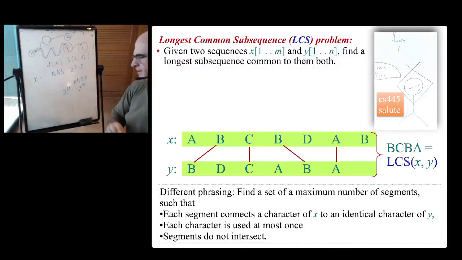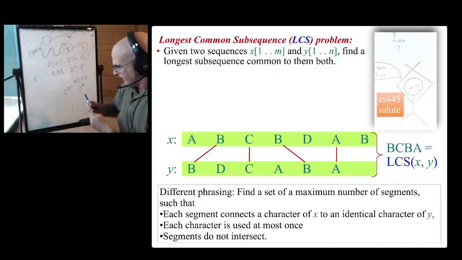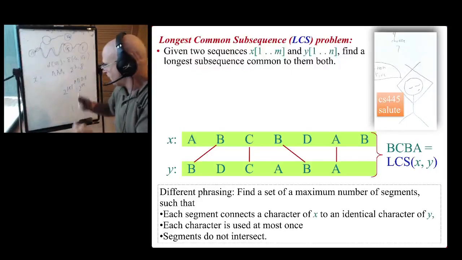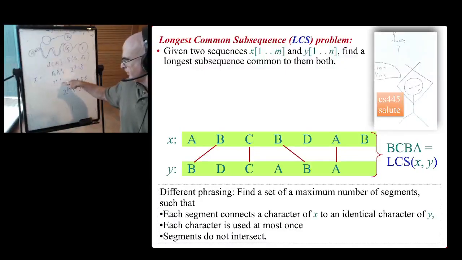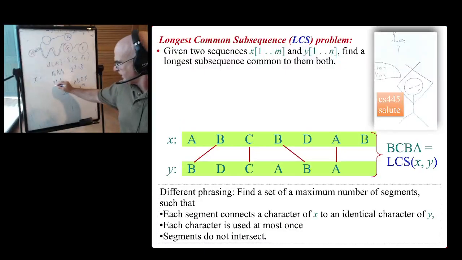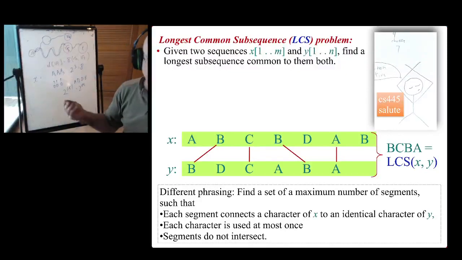So the number of subsequences over here is still 2 to the 8. Right? If the vector that I showed earlier was 1, 1, 1, then I don't delete anybody. If the vector is 0, 0, 0, then I delete everything, creating the empty subsequence.